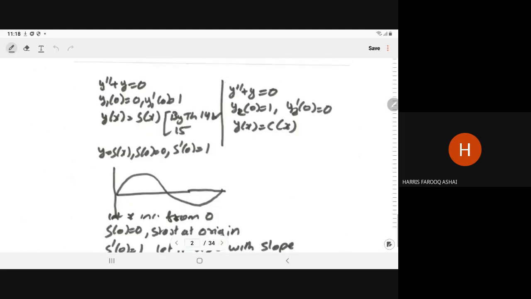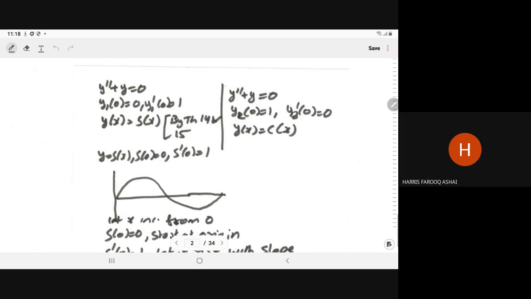So here, what is the given equation? We have y double dash plus y is equal to 0, y at 0 is equal to 0, y dash at 0 is equal to 1. So from theorem 14a, if initial conditions are given for the solution and its derivative, then we have the unique solution.